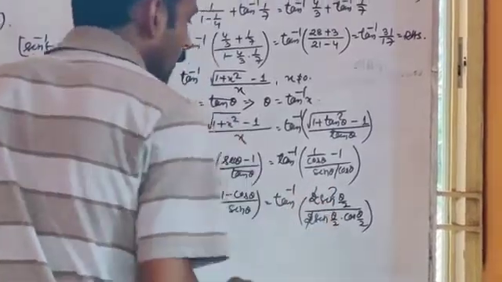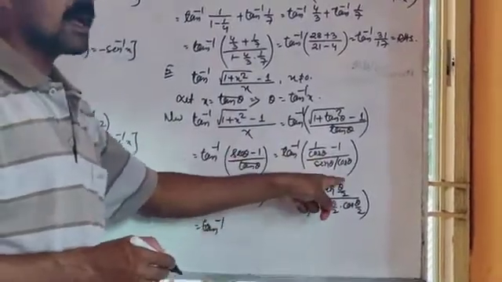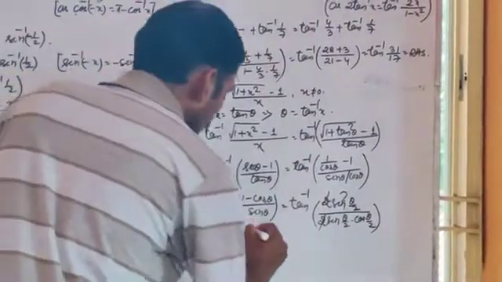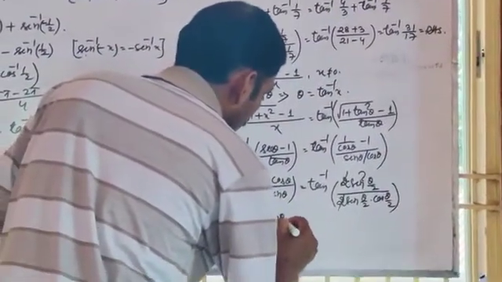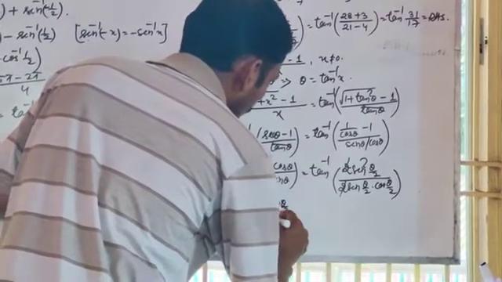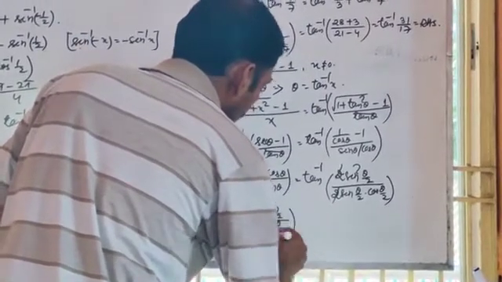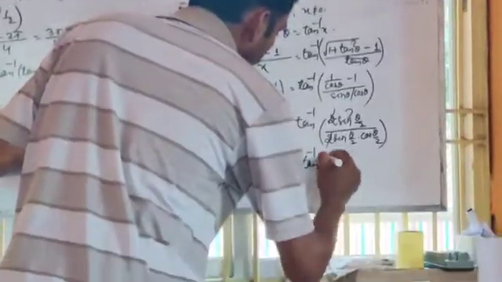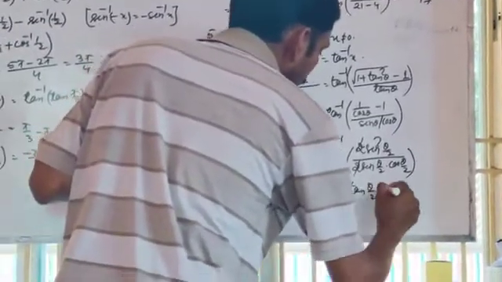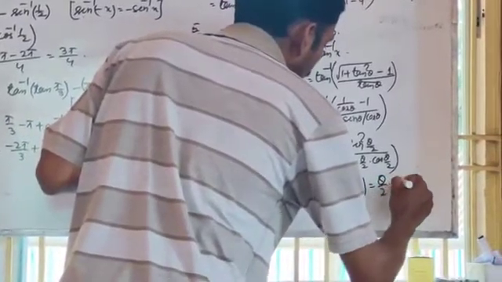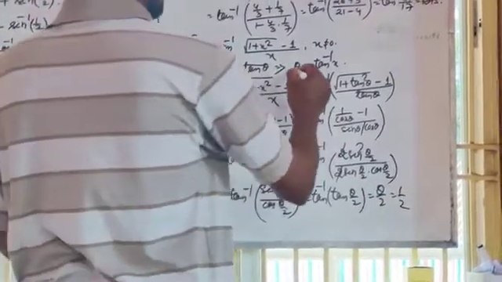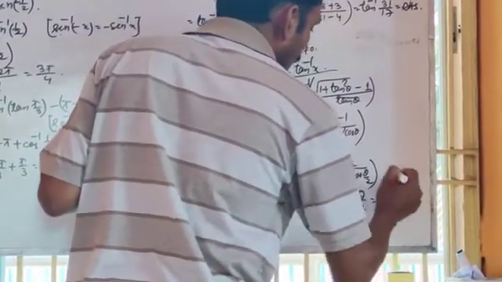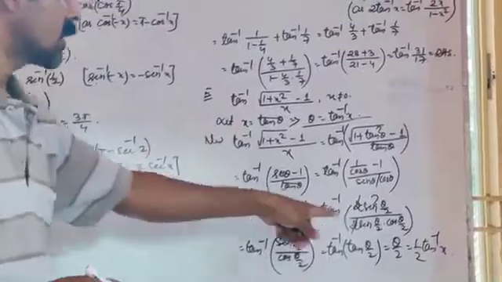The 2 cancels, sin square means sin into sin, and in the denominator one sin term is there, so it will be cancelled, and you will get sin theta by 2 by cos theta by 2. So it is tan inverse tan theta by 2, that is theta by 2. Now what is theta? Theta is tan inverse x. So this is half tan inverse x. So the simplest form of this is this.